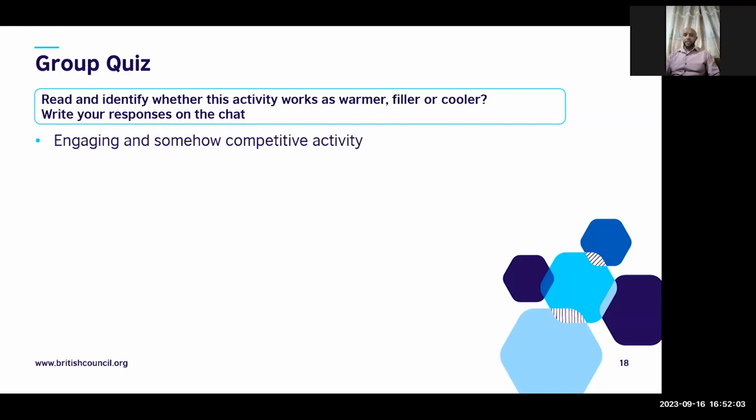Group quiz is an engaging and somewhat competitive activity, and it's also a group activity or a pair work. Each group should prepare five questions to be done by other group members. You let your students form a group, and then they have to prepare questions based on the topic of the lesson.